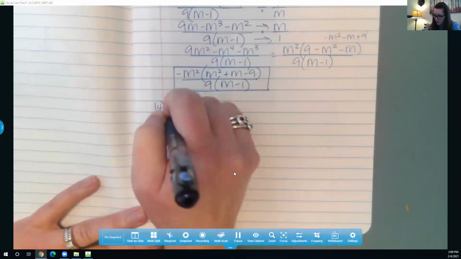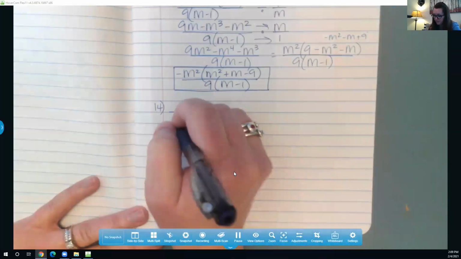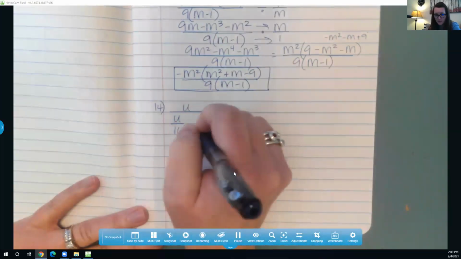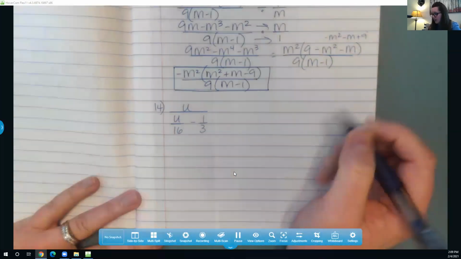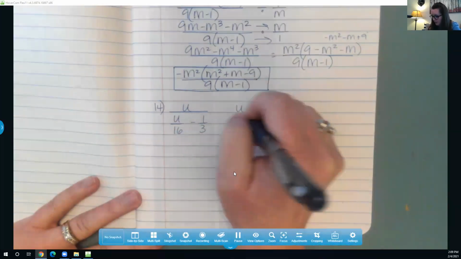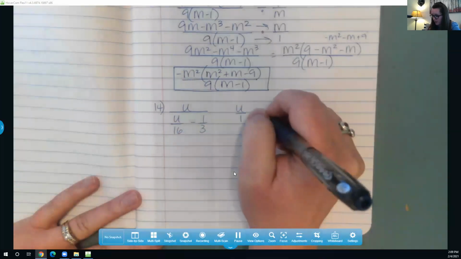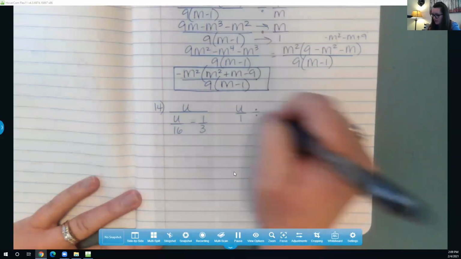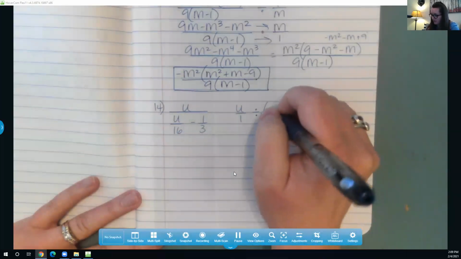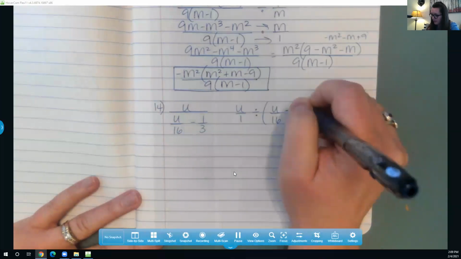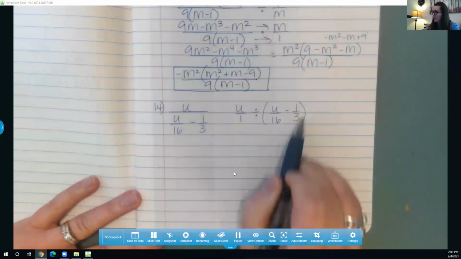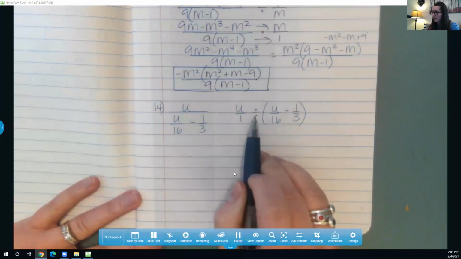So we have u, all divided by u divided by 16 minus 1/3. So this is the same concept. We have u, and I'm going to place this over 1, so we're dealing with all rational. This is divided by u divided by 16 minus 1/3. So I need to do this operation first before I divide, right?